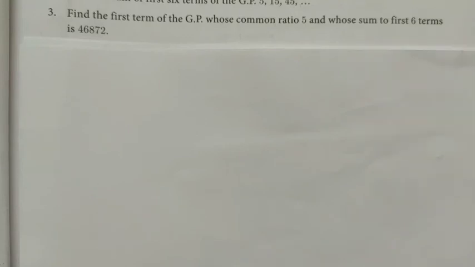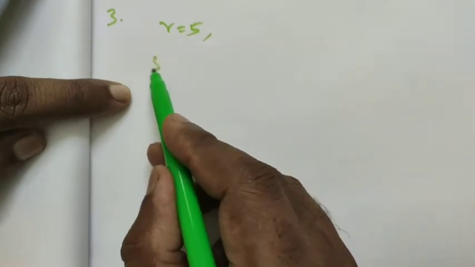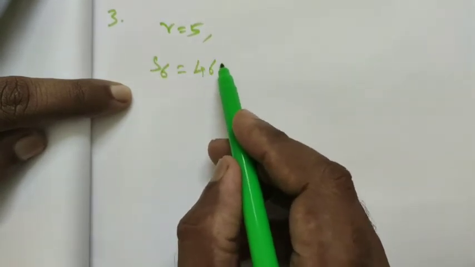Next, see question number 3. Find the first term of the GP. We want to find the first term, that is A, whose common ratio R is given as 5 and whose sum of first six terms S6 is given as 46872. So R is 5 and S6 is equal to 46872.